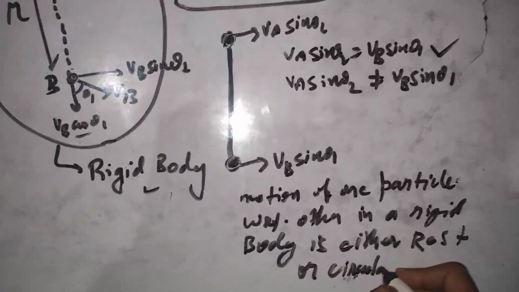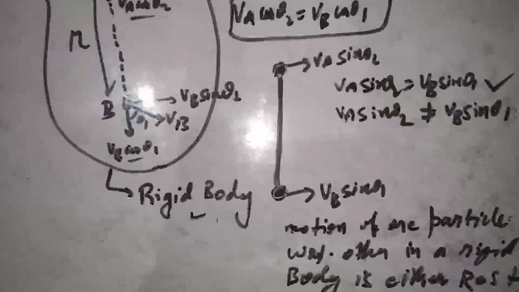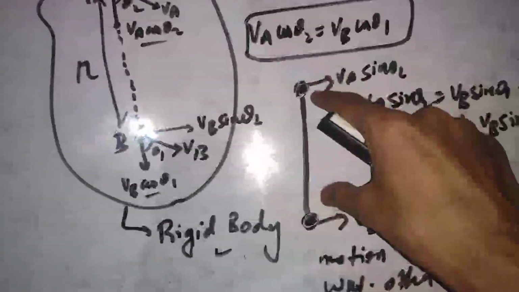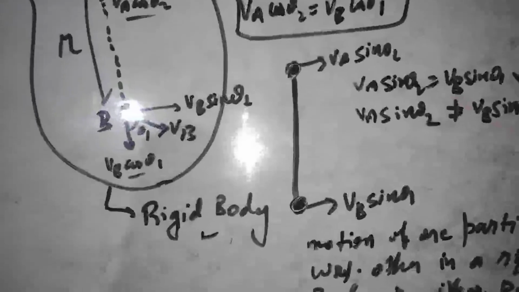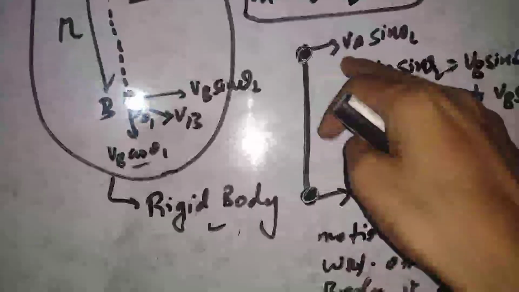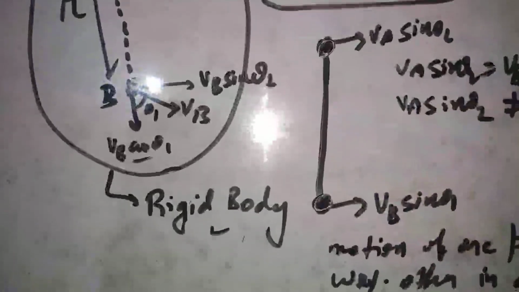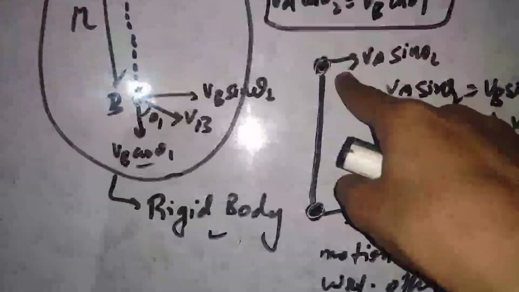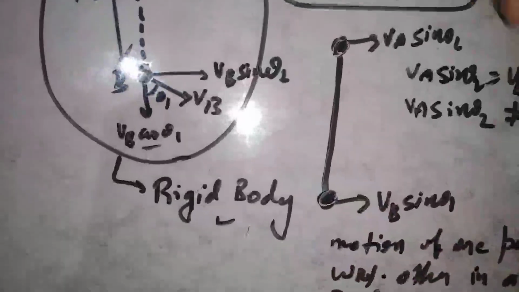I hope I explained that. I will try to explain once more. Because the separation is not changing, we can assume that there are two particles connected at the ends of a rod. Now two cases appear. If these two velocities are the same, the particles will move like this. But if these two velocities are not the same, then if this velocity is greater, they will move in a circle like this, and if this velocity is greater, they will move in a circle like this.